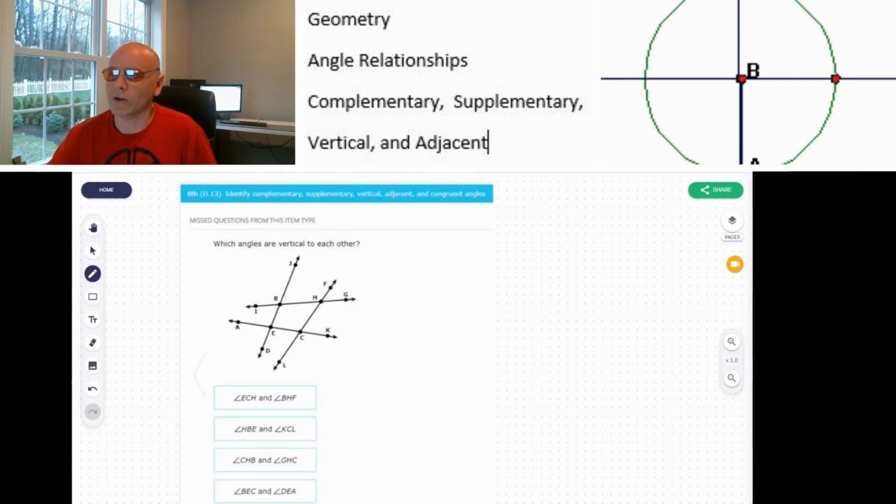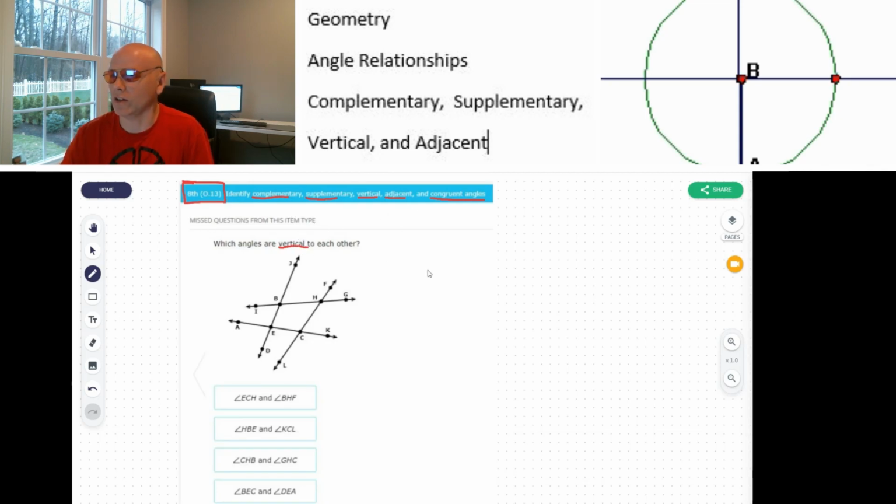The first thing we notice is that this is a truly legit 8th grade problem, right? We're looking at complementary, supplementary, vertical, and adjacent, which involves, of course, congruency. So these are the themes we need to use to answer this question. What is the question? Which angles are vertical to each other?